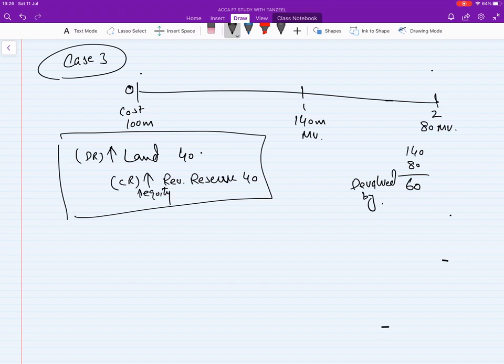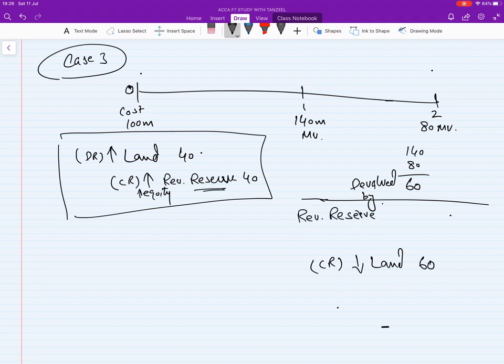So how does the standard say we record this entry? The land is decreasing, so credit the land by 60 million. Then the standard says to first reverse the reserve you had before. We had a reserve of 40, so we debit the revaluation reserve to reverse it.